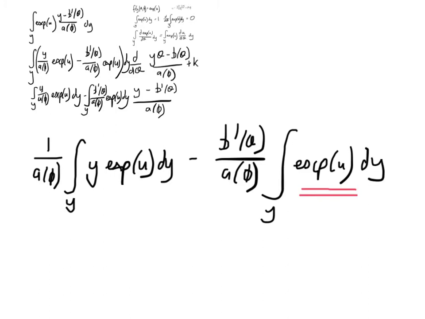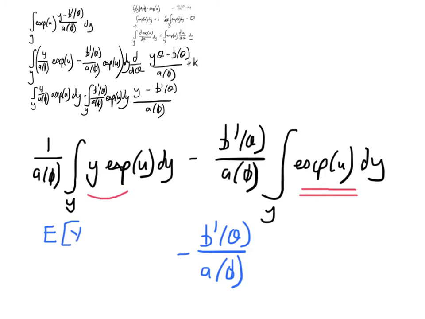So I can quite simply write this as b prime of theta over a of phi multiplied by 1. The second thing we can do is see that I'm integrating y multiplied by the probability density function for y, and again we can recognise that very simply. That's the first moment, the expected value of y. So I have the expected value of y multiplied by 1 over a of phi.